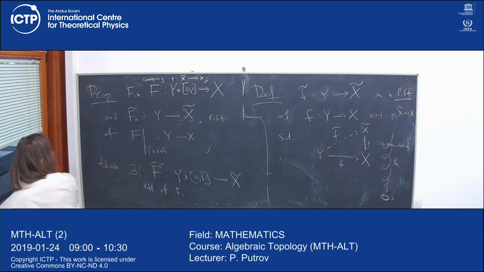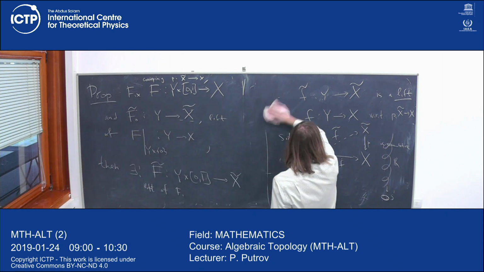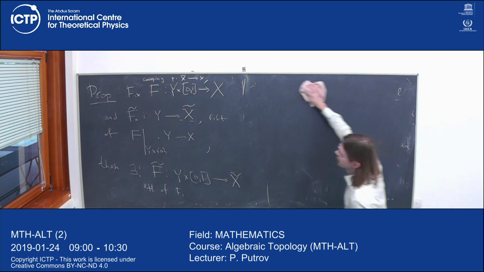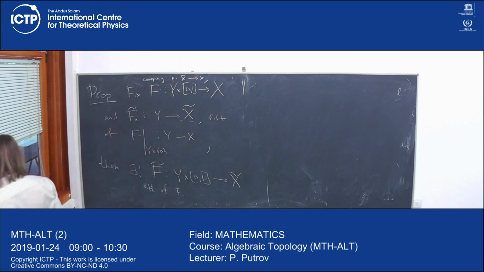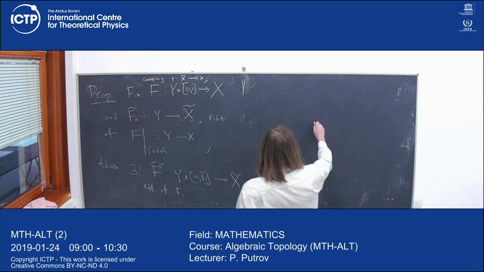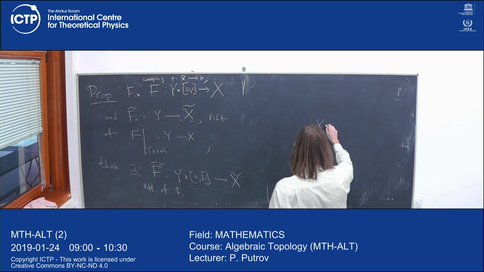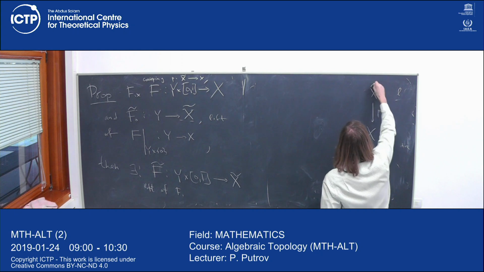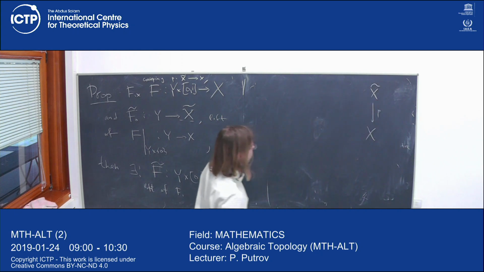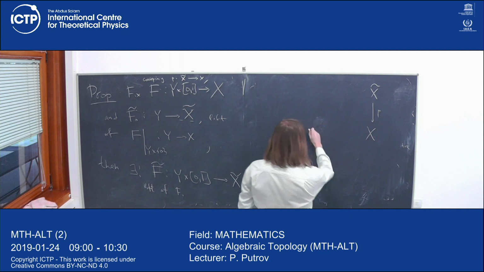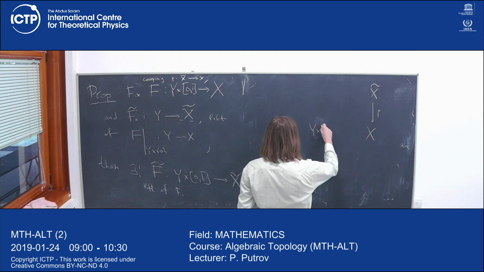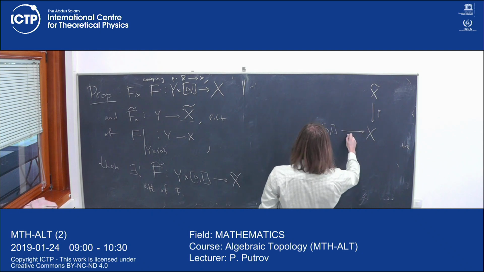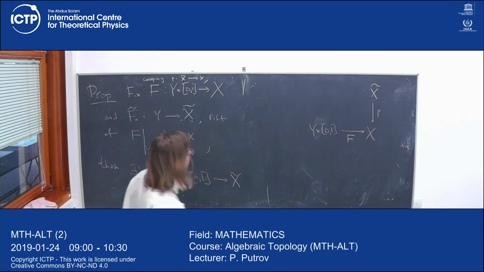Okay, let me draw a diagram. So we have the covering of X by X tilde, a map P. We have a map from Y times interval to X. This was f.